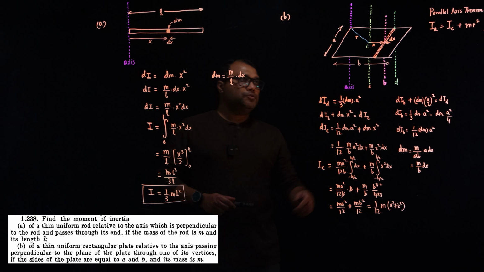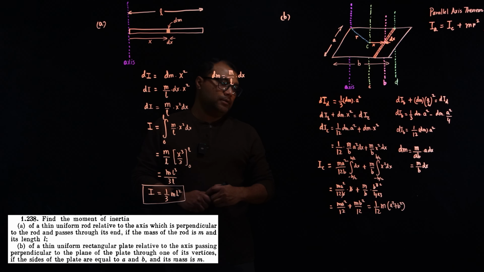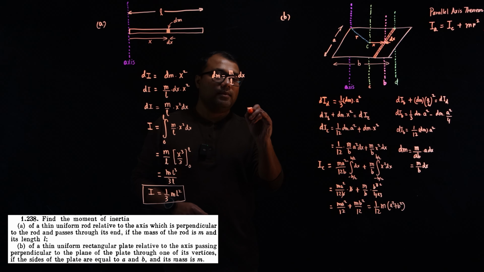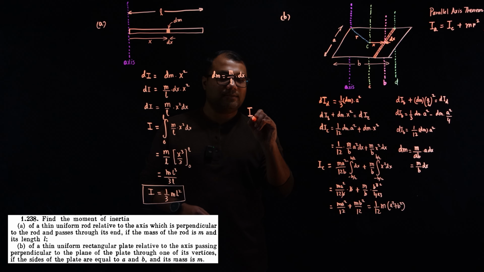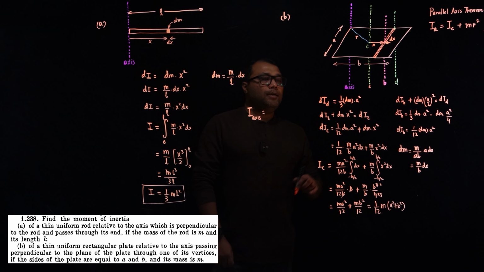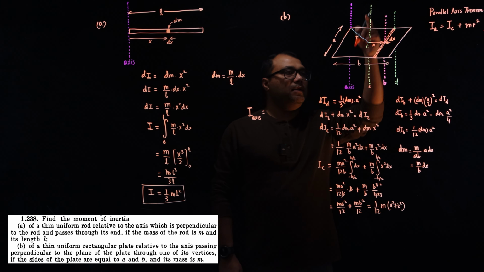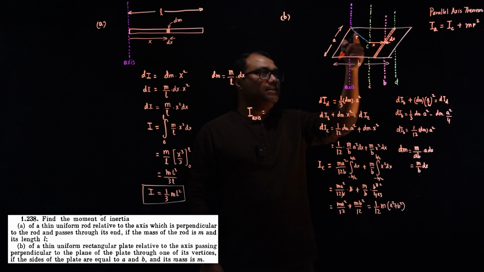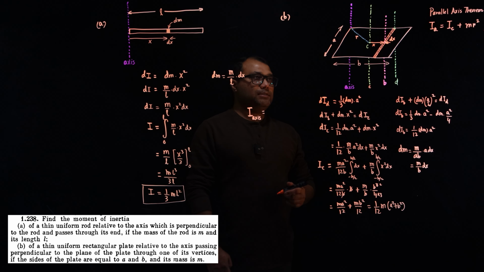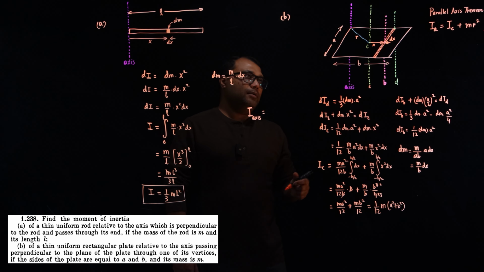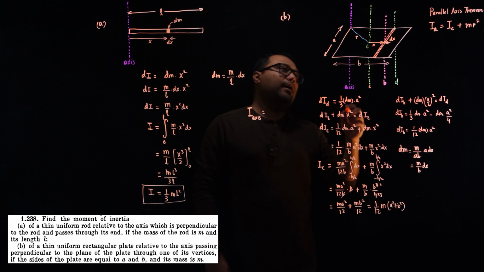Now that's not the end of the story, because we really need to find the I about this axis. How can we find that? Now we know this, so we can again use the parallel axis theorem. This plus the distance between these two axes, which is r. Now how much would be r?